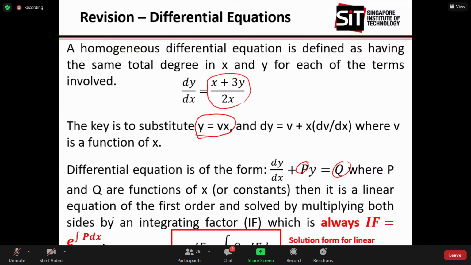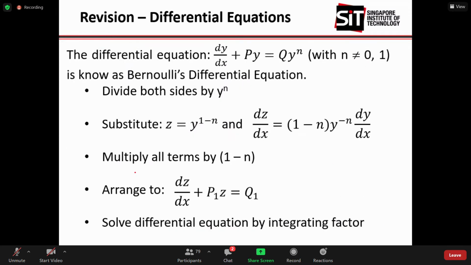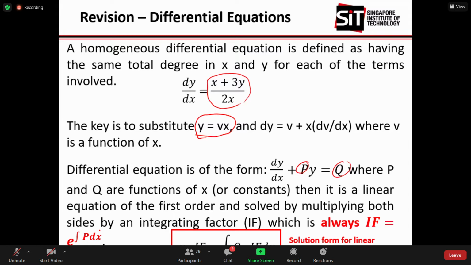The integrating factor is always defined as e to the power of the integral of p dx, where p is this term here. And the solution for this type of differential equation will always be given by this equation: y times the integrating factor is equal to the integral of q times the integrating factor dx.